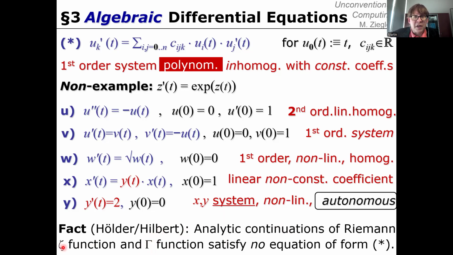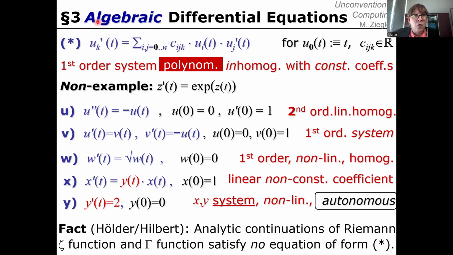So two famous functions, the Riemann zeta function from the millennium problem, and the gamma function, an analytic extension of the factorial function. And Hölder and Hilbert proved that these two functions satisfy no equations of this form. So it's an impossibility result.